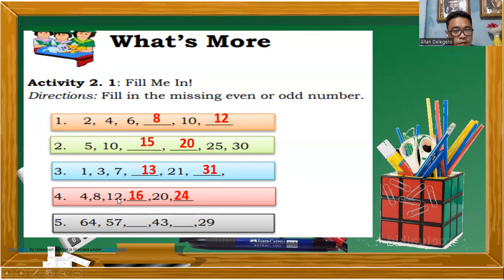So 4, 8, 12, 16, 20, 24. Number 5 is 50 and 36: 64, 57, 50, 43, 36, 29. Descending order.